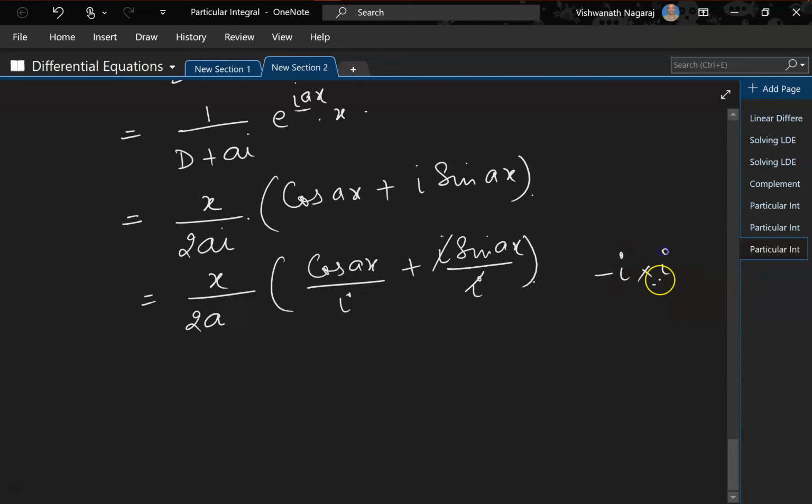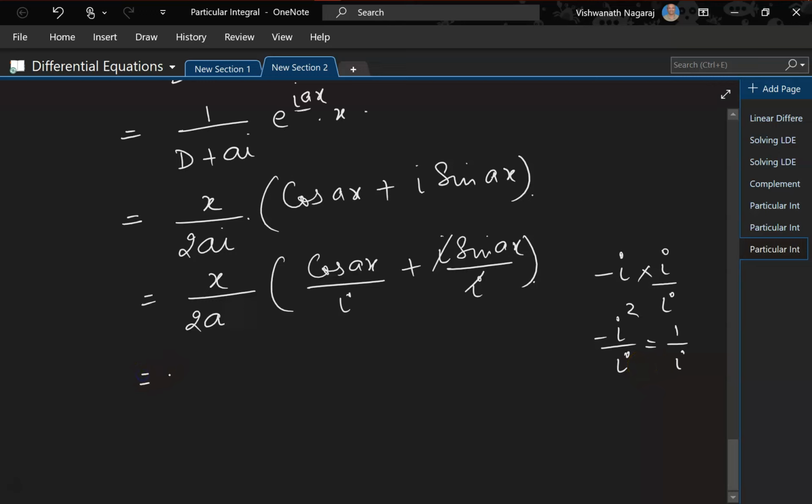Now to verify that, let's rationalize this. We get minus i square by i, and minus i square is 1. Sorry, minus i square is 1 and the denominator is i. Yes.